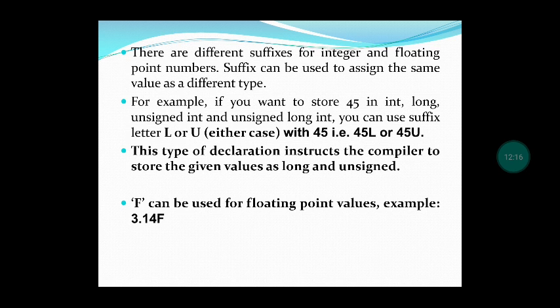Capital L and capital U are used, but either case, we can use small letters also. This type of declaration helps the compiler to store it as a long value and unsigned value. And for a floating point value, we can use capital F. For example, 3.14F. The compiler can understand it is a floating point value. So L is for long integer, U is for unsigned integer, and F is for floating point.